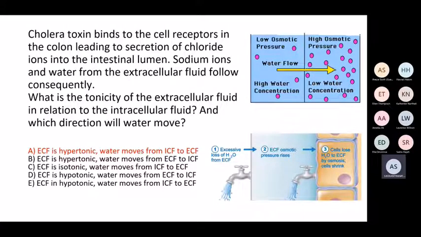So the tonicity is going to increase, because the water is coming out more, which increases the concentration in the extracellular fluid, which is going to try and shift and dilute itself a bit more. It's kind of like opening a tap and then opening another tap. So it's going to move from the ICF into the ECF. And the reason is that the ECF is a bit more hypertonic than the ICF at this point.